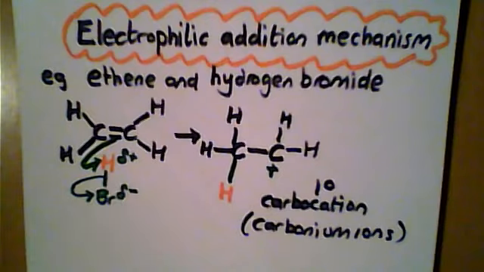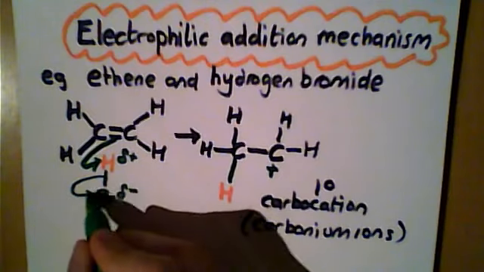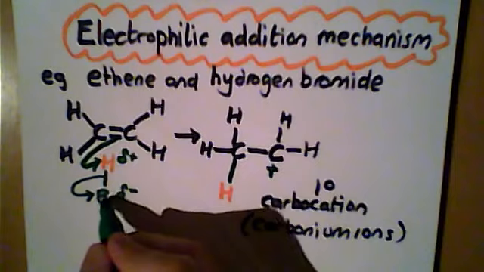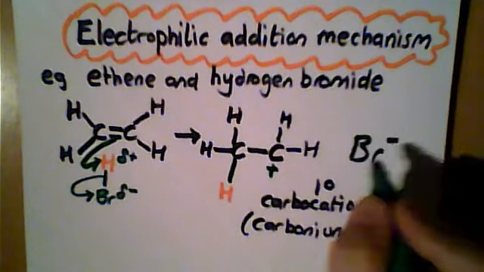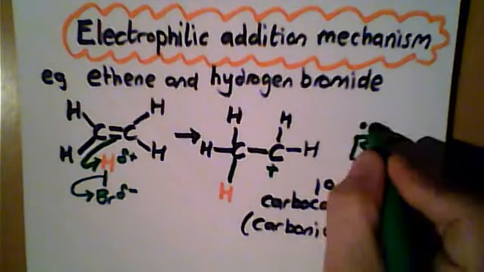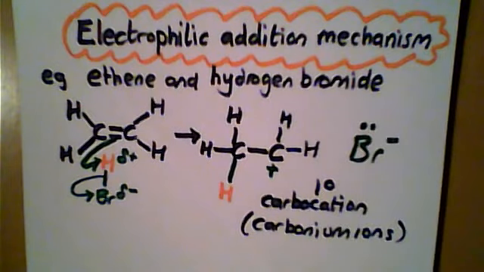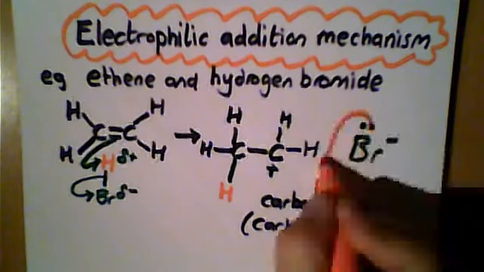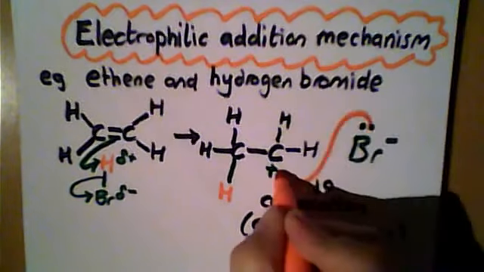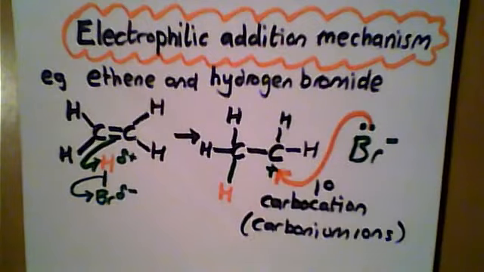Now the bromine here has taken an electron more than it had before, and therefore it will acquire a negative charge and an unbonded pair of electrons, and therefore very quickly the lone pair of electrons will now have a nucleophilic attack on the carbocation.